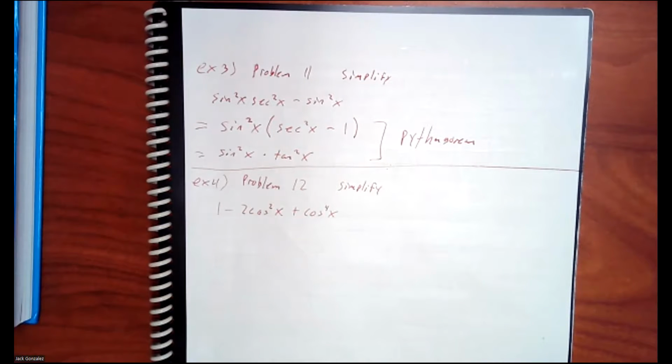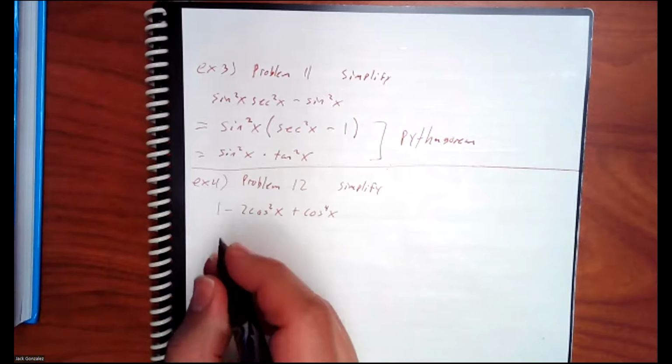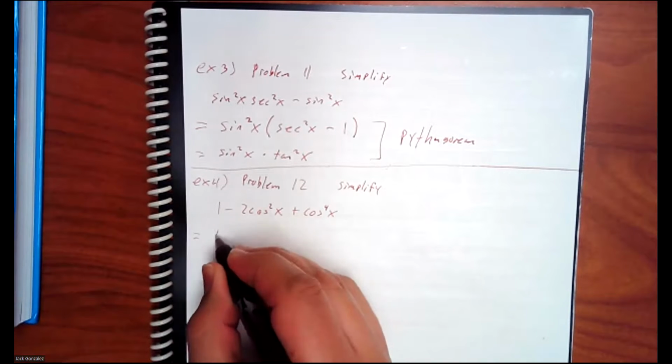Okay, so here's another one. You see a bunch of cosine squares, right? I would make an extra step here.